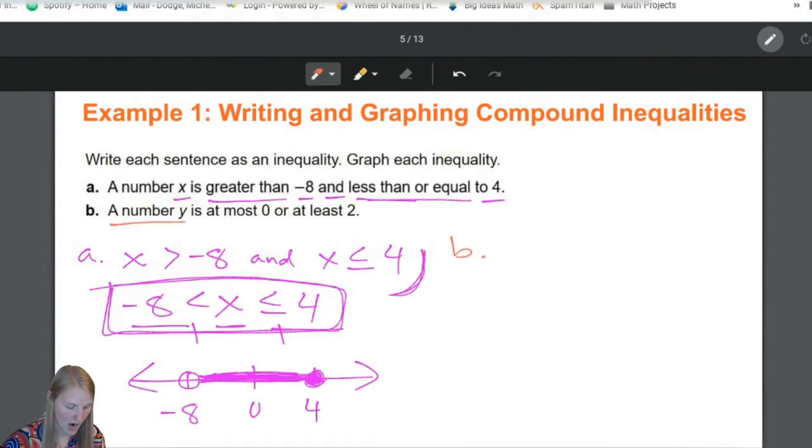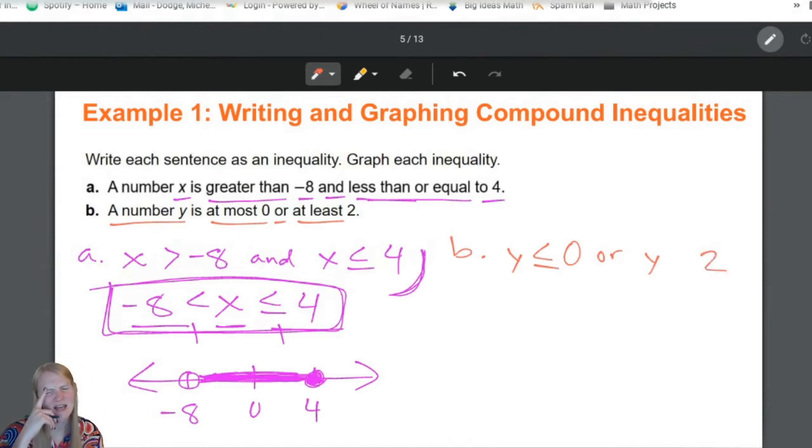A number y is at most 0. At most 0. So it needs to be smaller than 0, and it can also be equal to 0. But it cannot be more than 0. It can't be, because it's at most 0. Okay. Or y is at least 2.